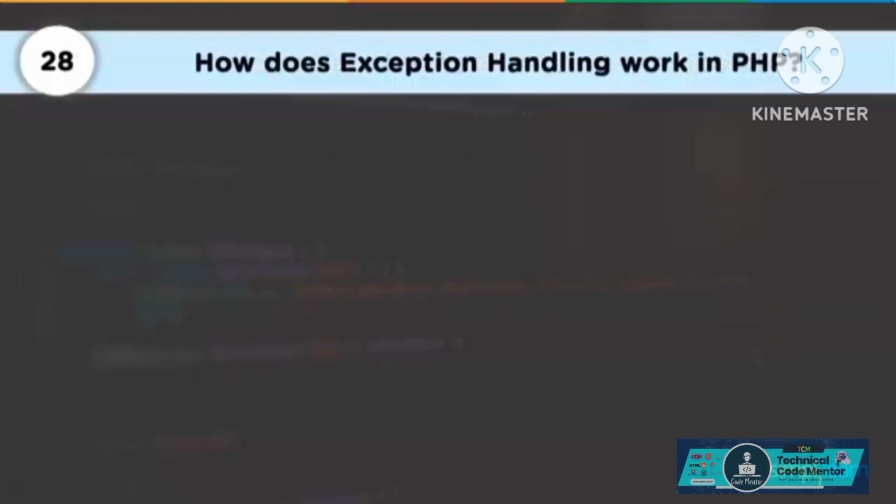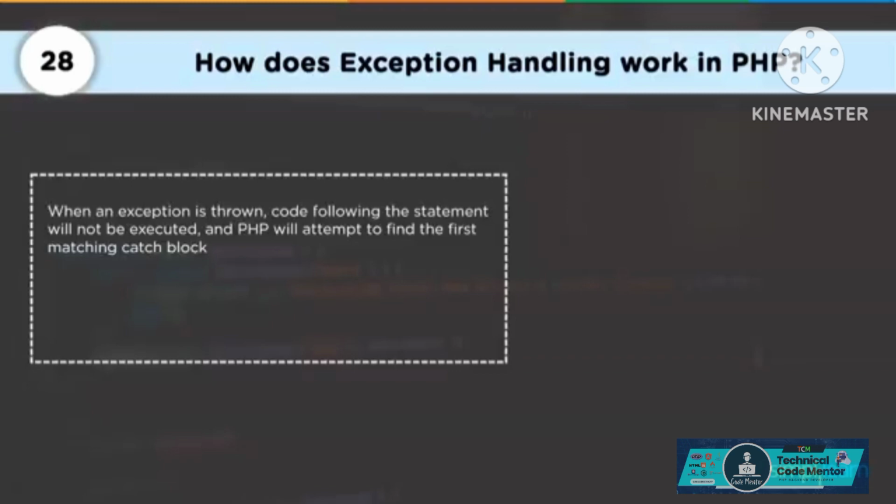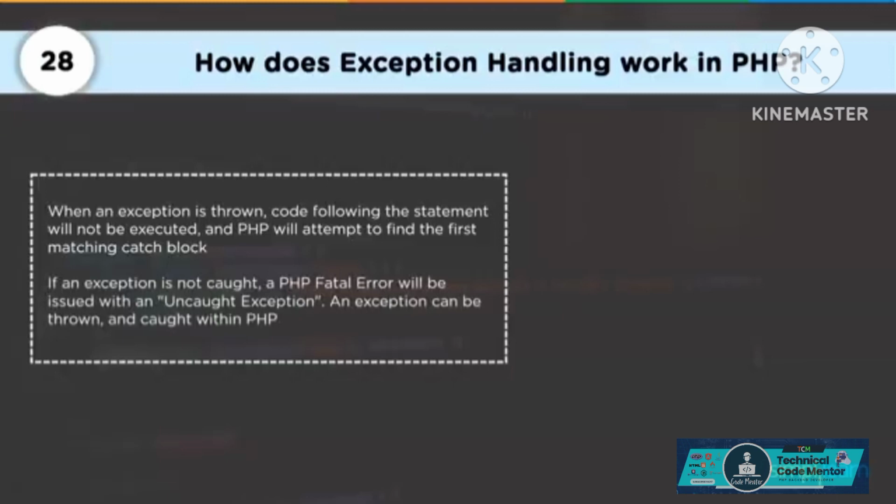Next question, how does exception handling work in PHP? So when an exception is thrown, code following the statement will not be executed, and PHP will attempt to find the first matching catch block. If an exception is not caught, a PHP fatal error will be issued with an uncaught exception. An exception can be thrown and caught within PHP.